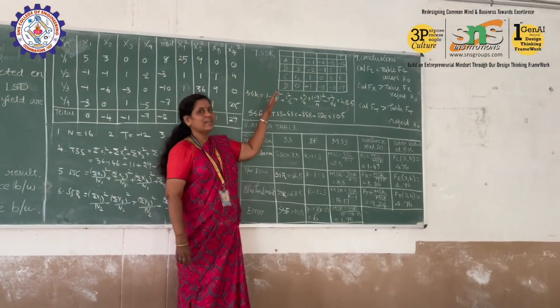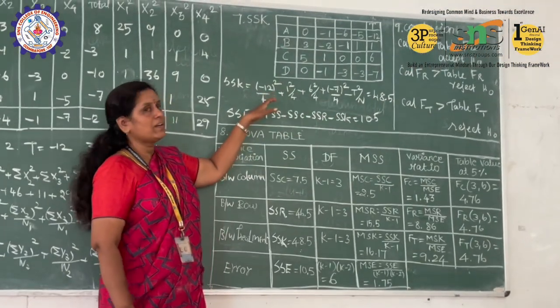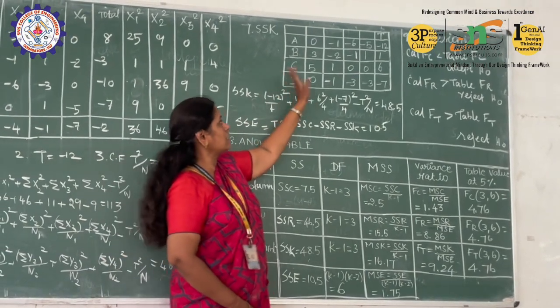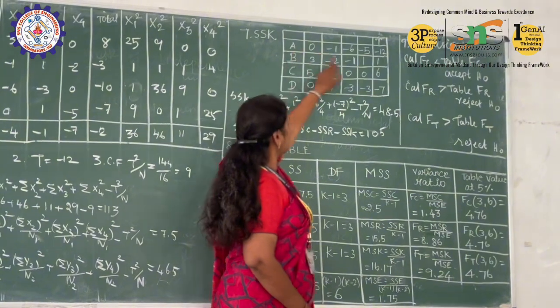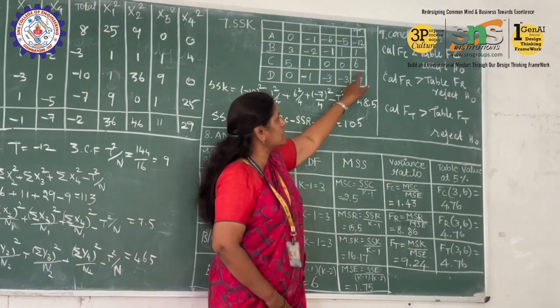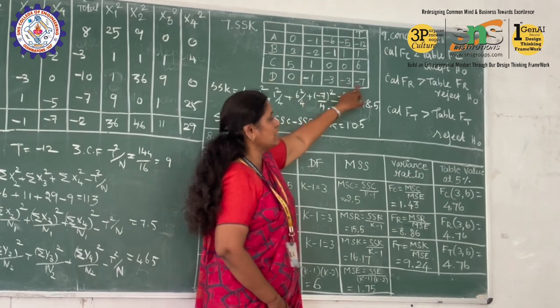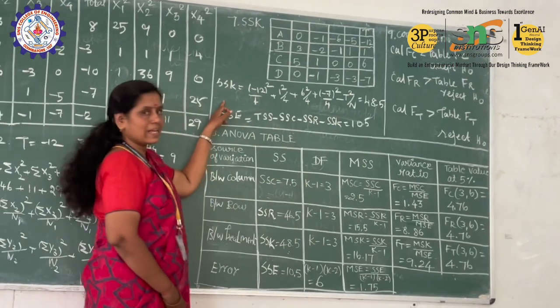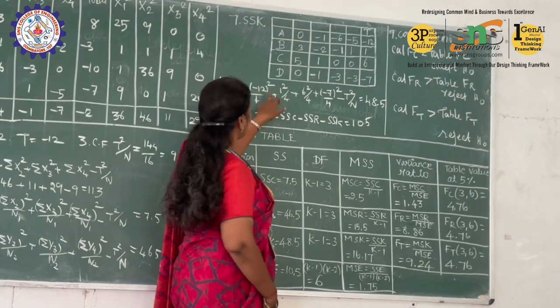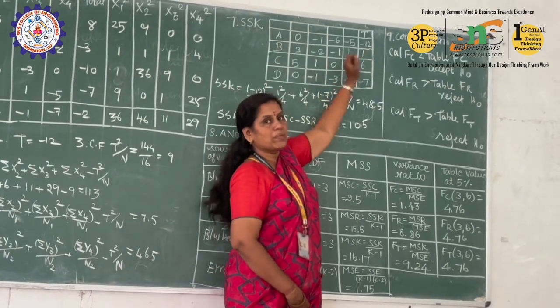Next we find the SSK value. Here we segregate the treatment A, B, C, D values and sum them up. Summation of A is equal to minus 12, summation of B equal to 1, summation of C equal to 6, and summation of D is equal to minus 7. So SSK is equal to minus 12 the whole square by 4, because summation of A equal to minus 12.